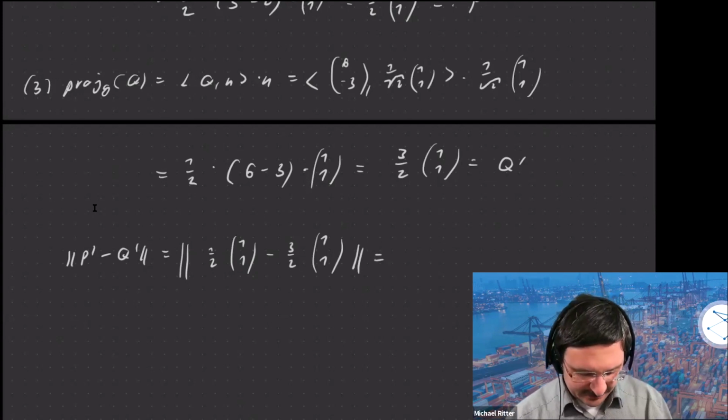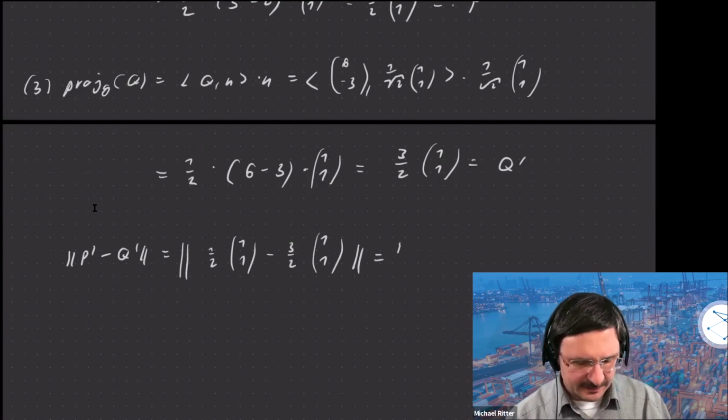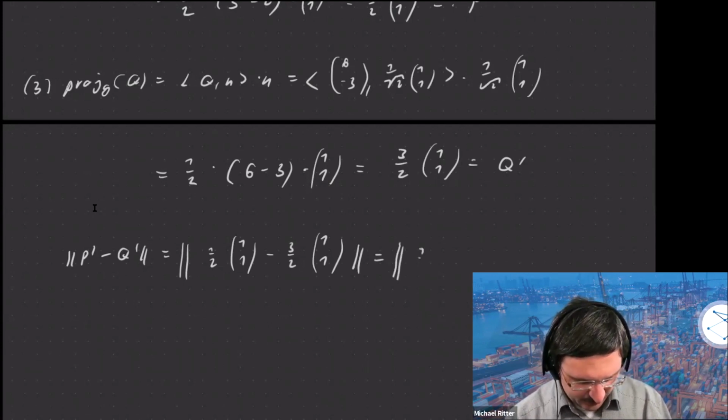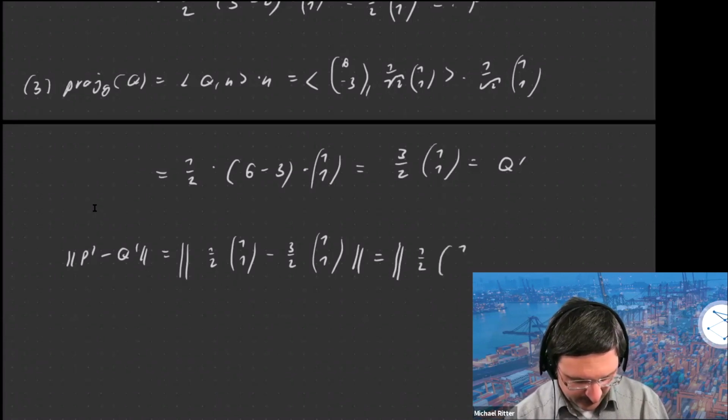So that's the same thing as 1 over 2 times 1 minus 3 and 1 minus 3.